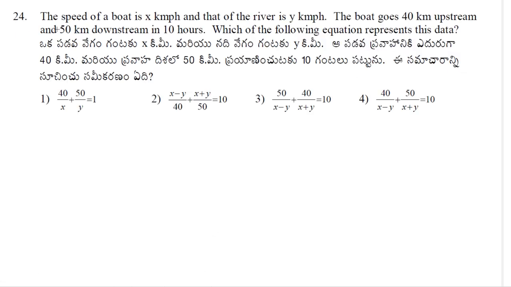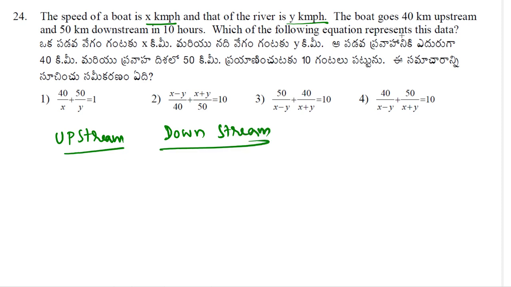The speed of a boat is x kilometer per hour and that of the river is y kilometer per hour. The boat goes 40 kilometer upstream. Let me write here upstream and here downstream. In upstream, the boat goes 40 kilometers.